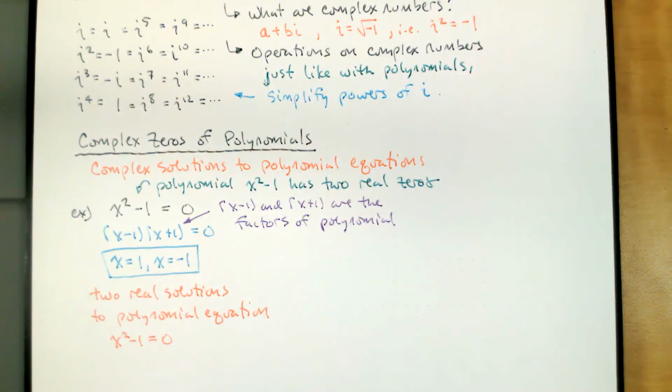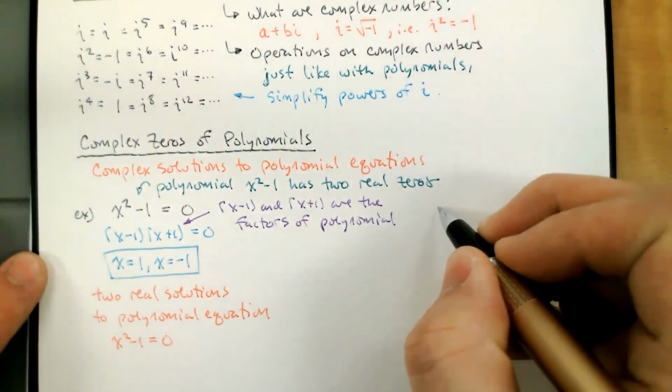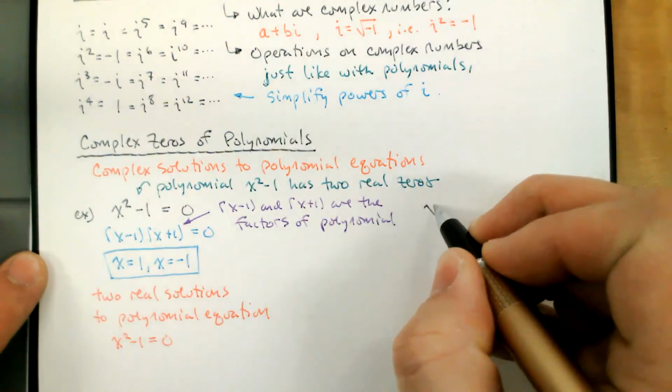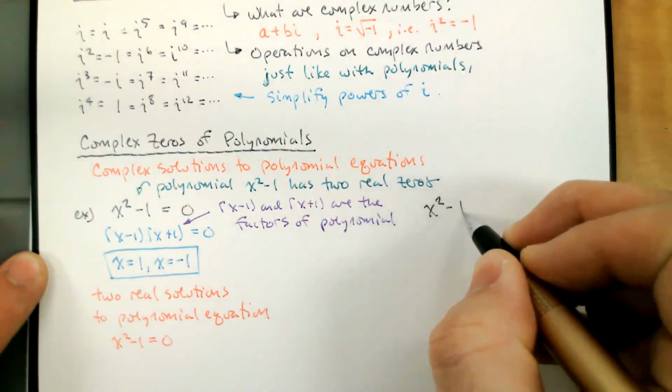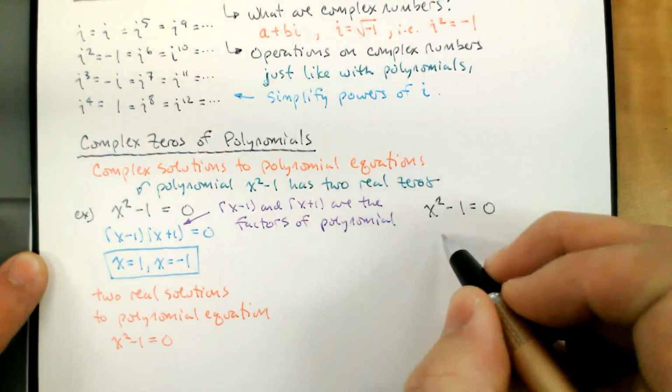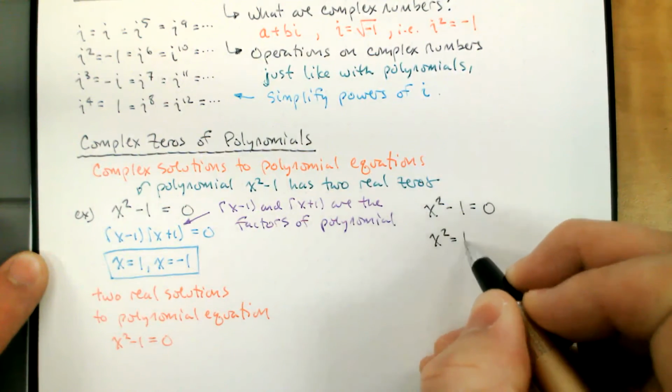So factors of the polynomial, zeros of the polynomial, solutions to the equation. Now, this is not the only way that we might solve this equation. It happens to work here because I gave you a factorable polynomial. We can also solve by doing inverse operations in reverse order in this case. So we can also solve by saying x squared is equal to 1.